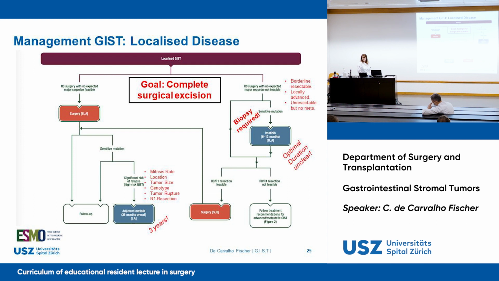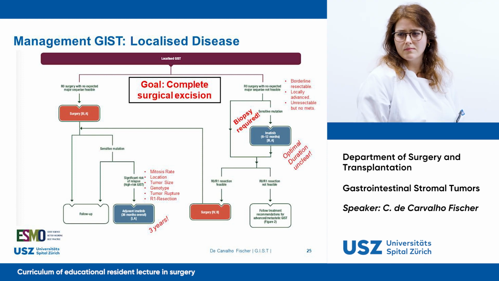This is in contrast to the pediatric population, which is a very rare entity, even much rarer than in the adult population. Those tumors can metastasize to lymph nodes as well, and this is a much more complicated situation.